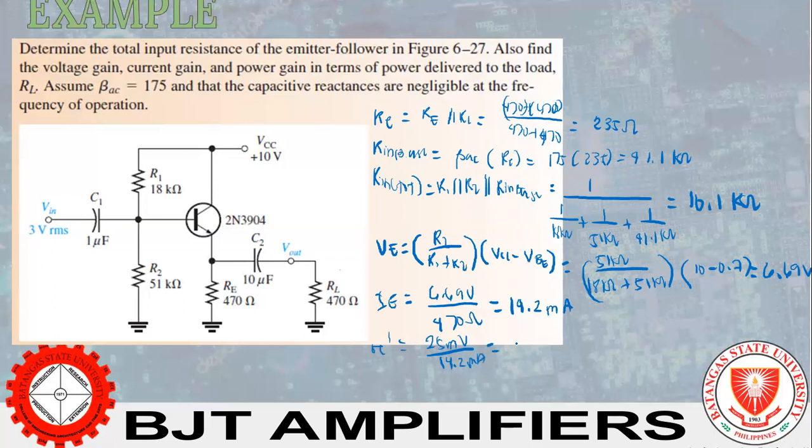And this will be equal to 1.76 ohms. And for our voltage gain, so 'yung RE natin, 235 over RE prime natin, 1.76 plus RE uli natin na 235. And that would be equal to 0.992. At alam na natin siya na approximately to 1 siya.